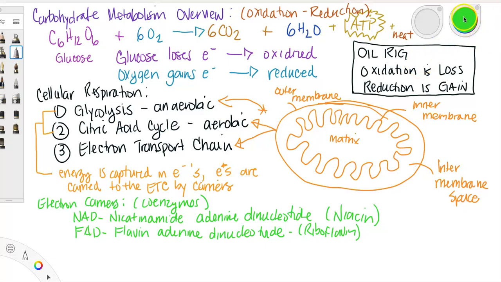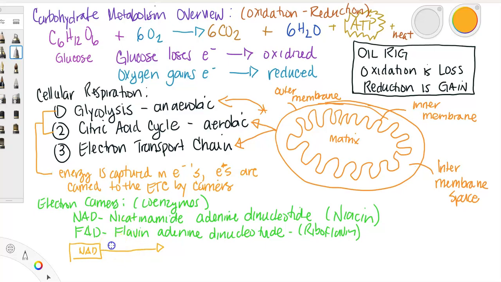So we have NAD, and basically what's happening is this coenzyme is getting reduced.